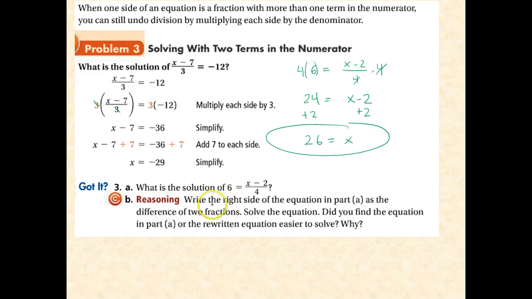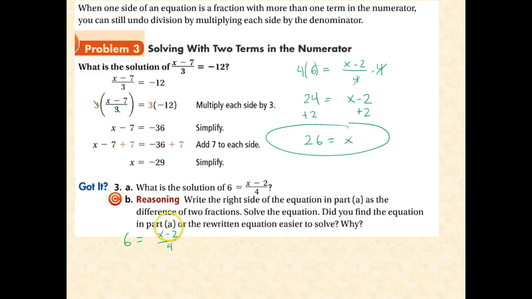So B says, write the right side of the equation in part A as the difference of two fractions, then solve the equations. Did you find the equation in part A or the rewritten equation easier to solve? Alright, so we're going to do 6 equals x minus 2 over 4.